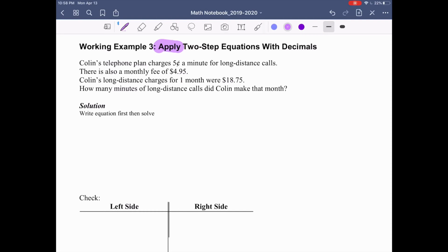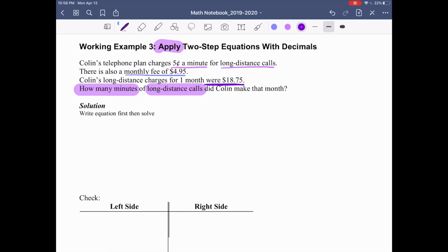It says Colin's telephone plan charges 5 cents per minute for long distance calls, and there's also a monthly fee of $4.95. Colin's long distance charges for 1 month were $18.75, so that's how much he actually had to pay at the end of the month. Then it asks, how many minutes of long distance calls did he make that month?